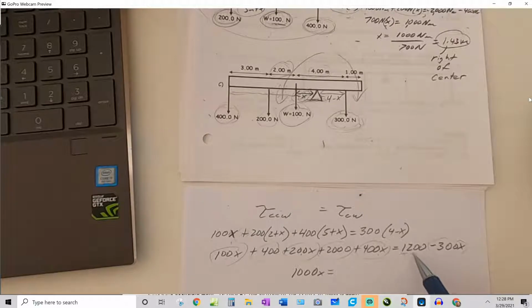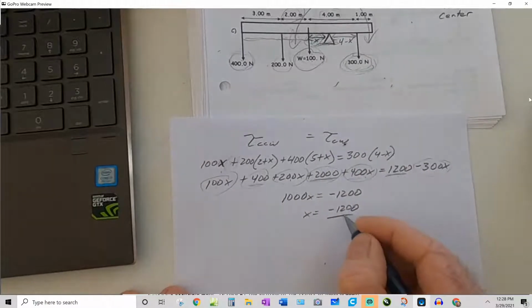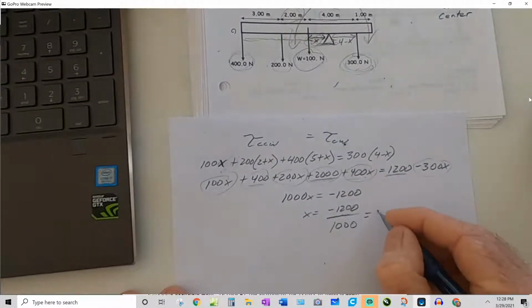So on the right I'll have 1200 minus 2000, so I'm at negative 800 over there, minus 400, which is going to be negative 1200. So x equals negative 1200 over 1000, which equals 1.2 meters.